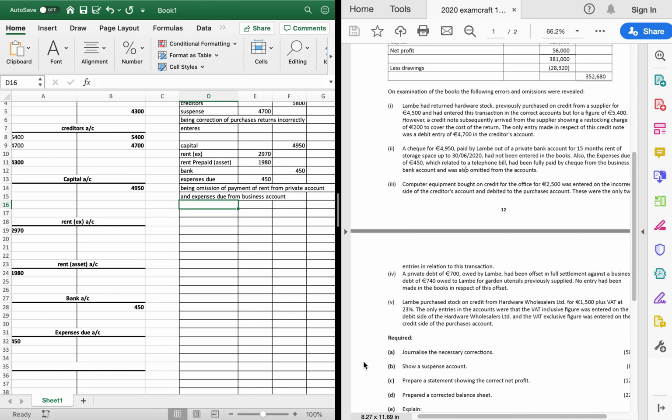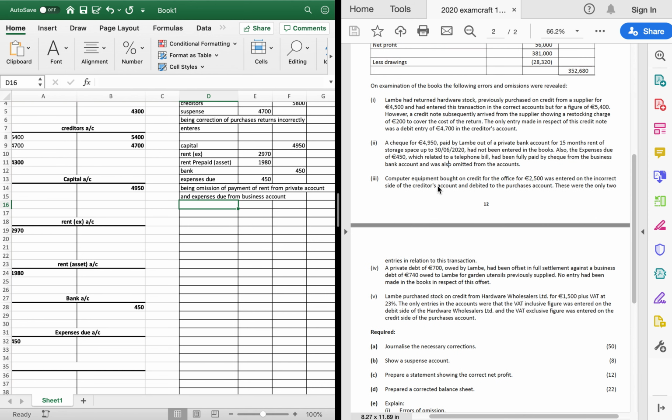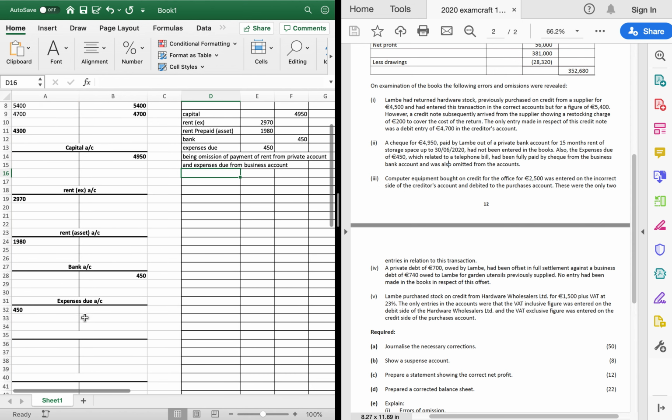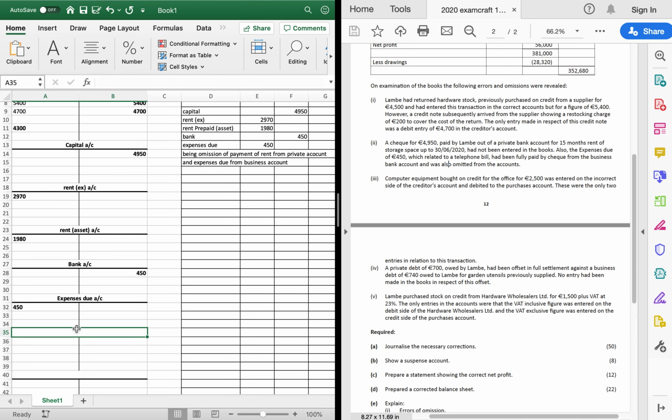Okay, so number 3 then. Computer equipment bought on credit for the office was entered on the incorrect side of the creditors account and debited in the purchases account. So we've purchases and creditors.